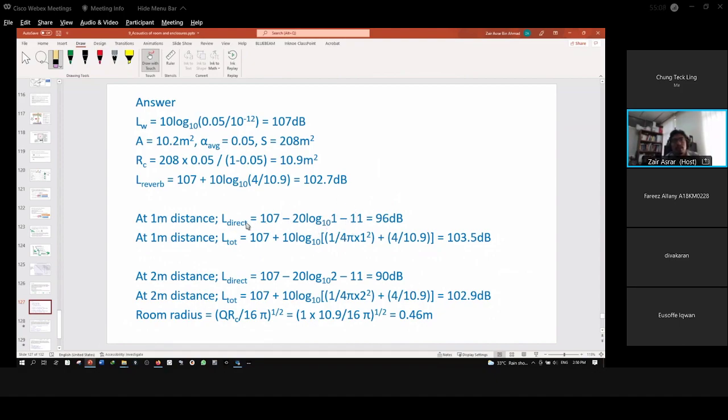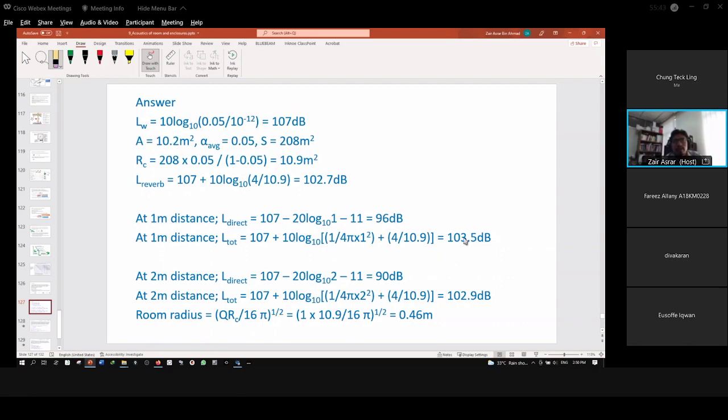So we are using the equation that we have seen before. At 1 meter distance, the total sound pressure level will be the sum of 107, plus 10 log 10 of 1 over 4 pi r squared plus 4 over 10.9. 10.9 is our room constant.